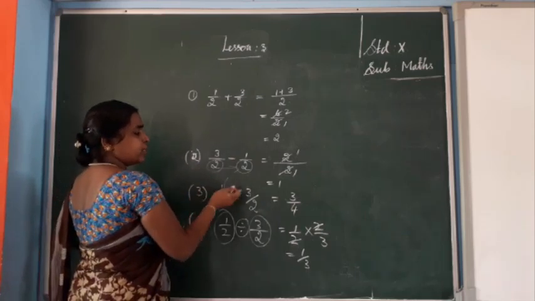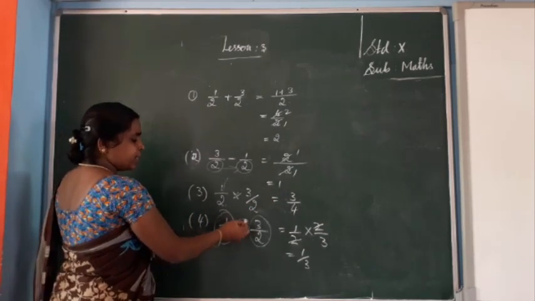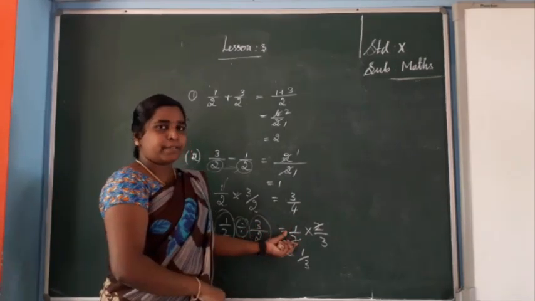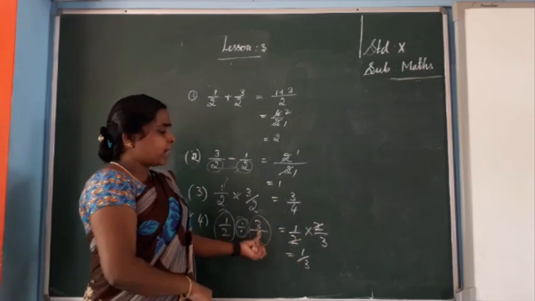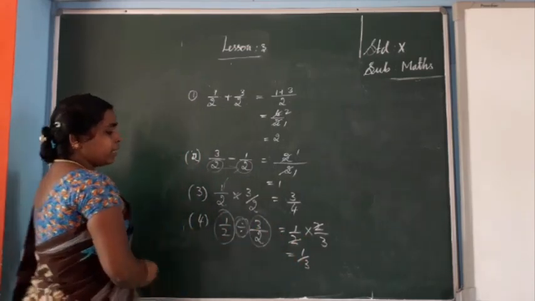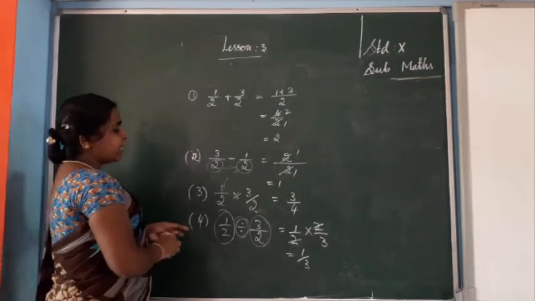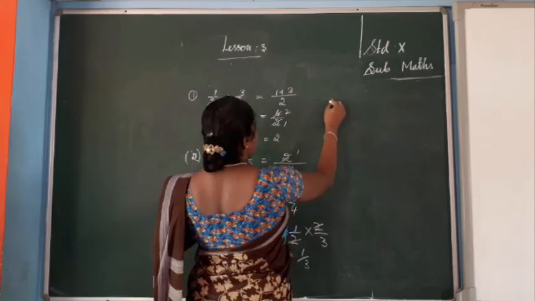So numerator 1 into 3 is 3, 2 into 2 is 4. Next, if division is there and both are fractional numbers, first you write the first fraction. Instead of divide, you put into, then the reciprocal of the second part. Then if you can simplify, you simplify. That's the answer. Like this, you can also do it with one fraction and one whole number.